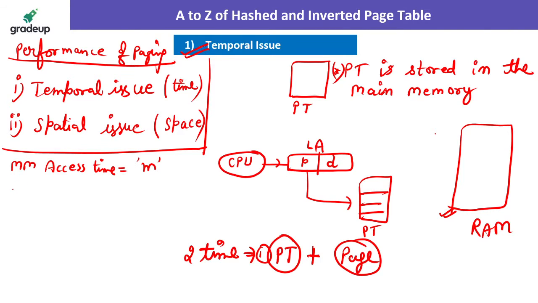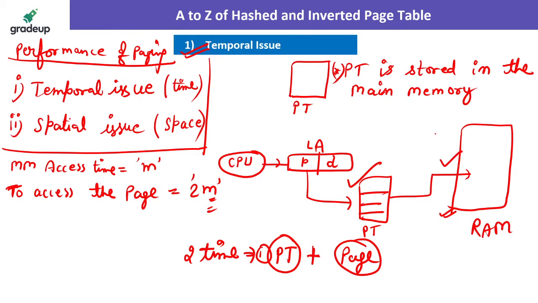So the effective time to access the page is equal to 2M. Why 2M? One M will be for page table and the other M is to access the actual page, right?